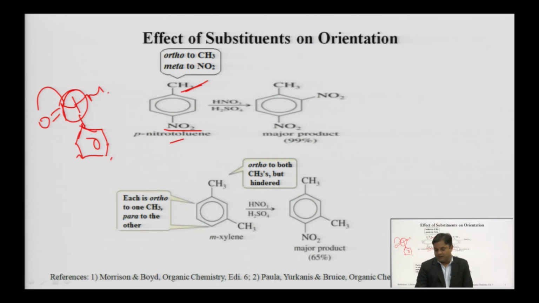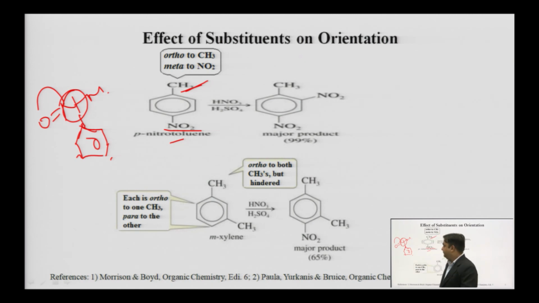Because of that it shows the minus R effect and deactivates the benzene ring by withdrawing electrons from it. As the electron density on the benzene ring is reduced, the motivational factor for the coming electrophile will decrease and the rate of the reaction will decrease.